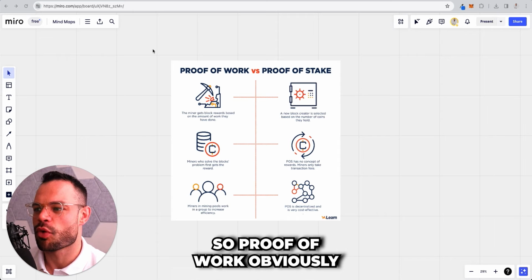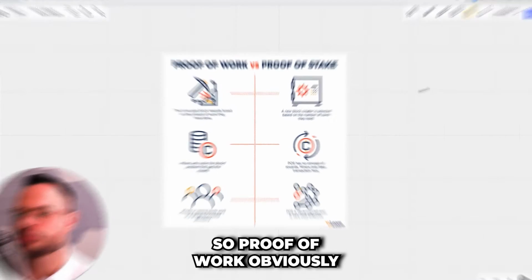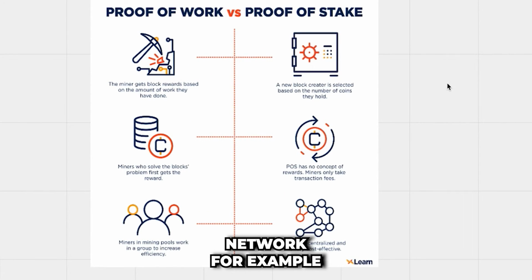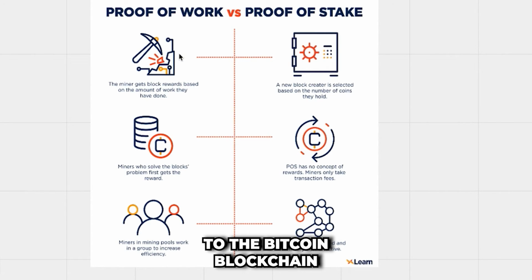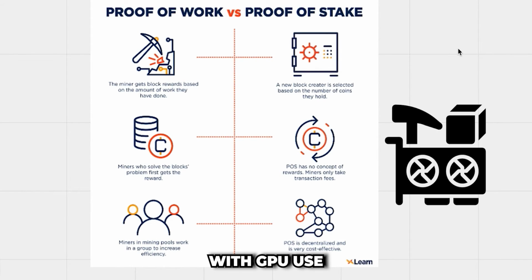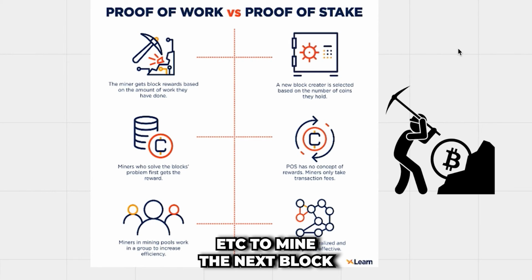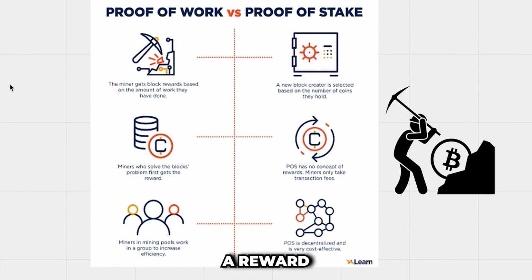So proof of work, obviously, the miners in the Bitcoin network, for example, get a block reward based on the amount of work they have done in order to mine a new block and add it to the Bitcoin blockchain. They're using large amounts of computational power with GPUs, etc., to mine the next block, and they receive a reward based on that.